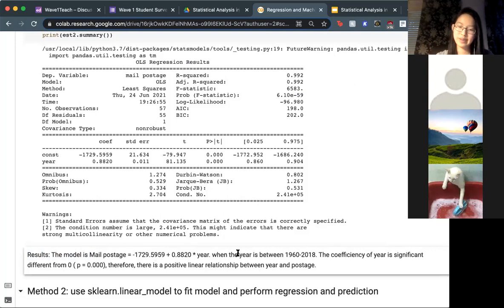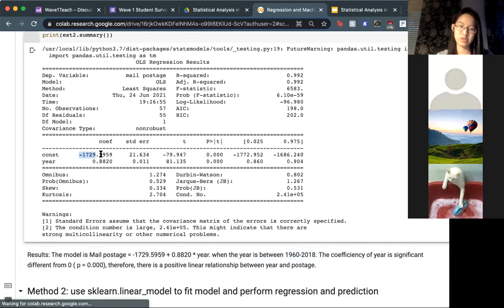But we have to keep in mind this equation only works when the year is between 1960 and 2018. So first of all, you can't give me a year in the 18,000s, and you can't give me a year in the 3000s. How to determine the range in the first place is really due to this constant, because you're not going to have negative postage.